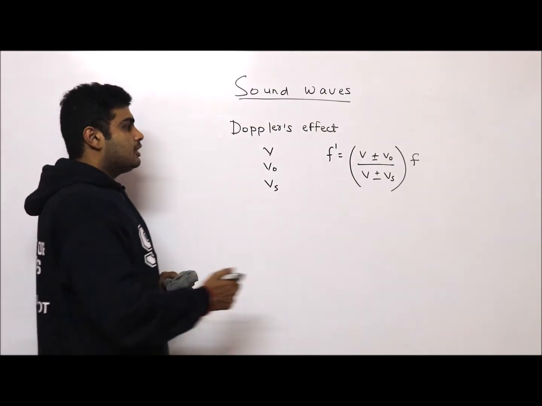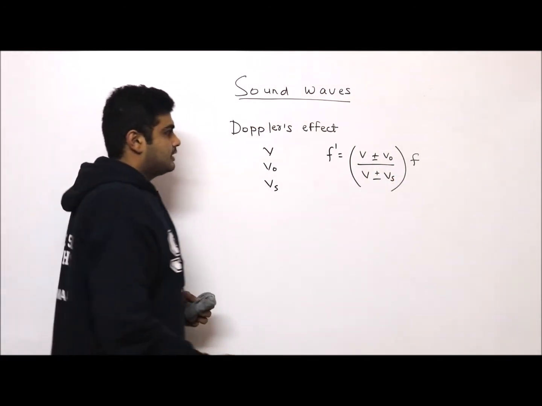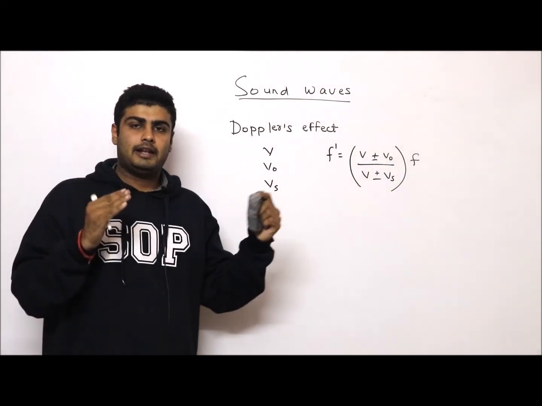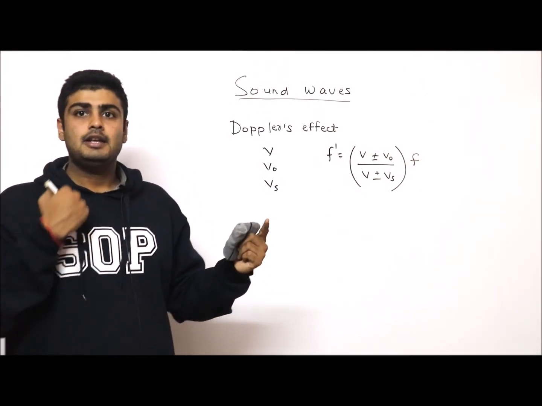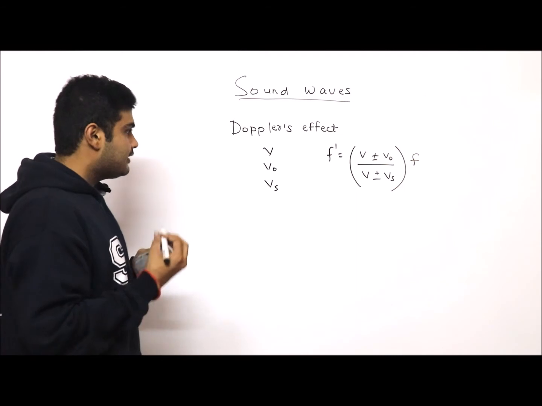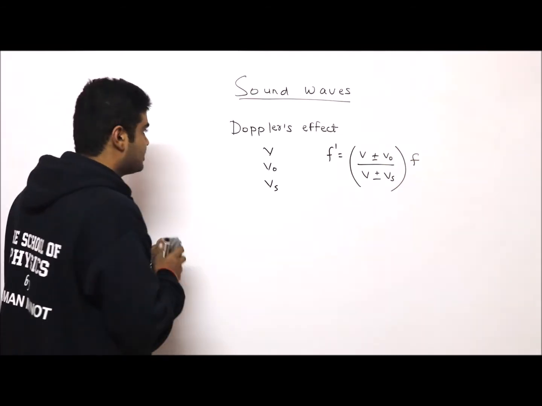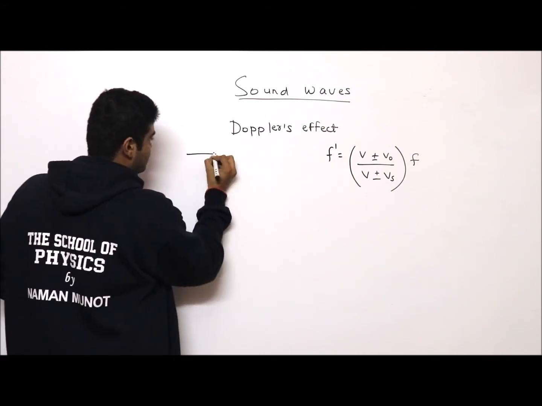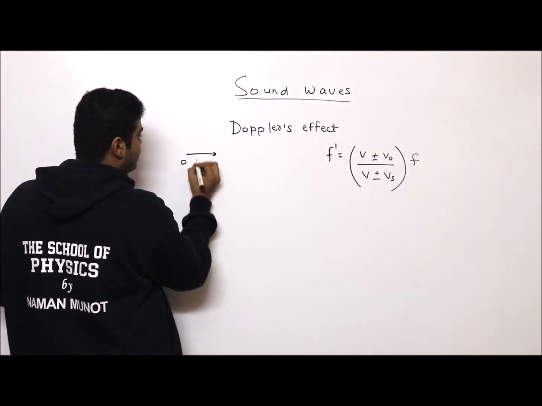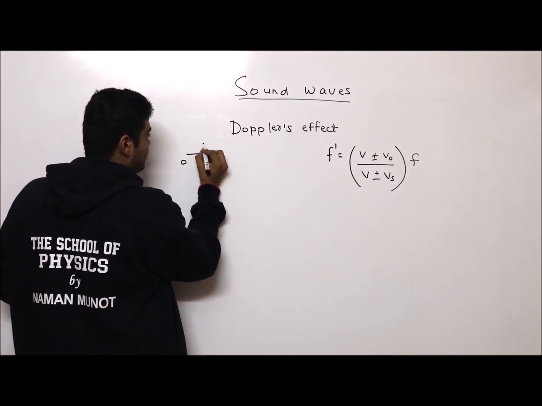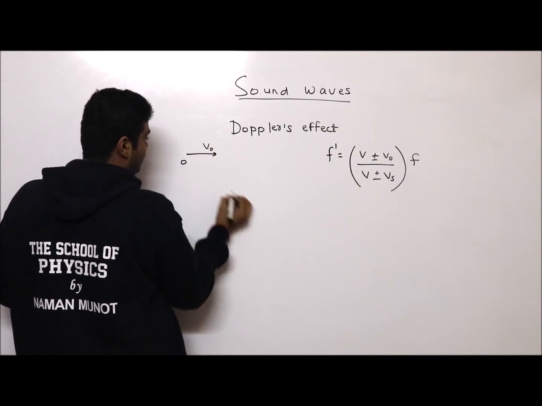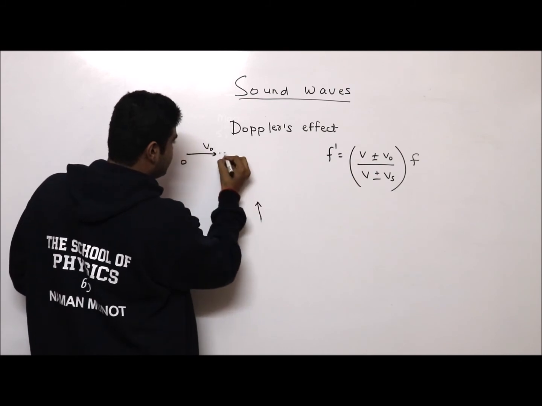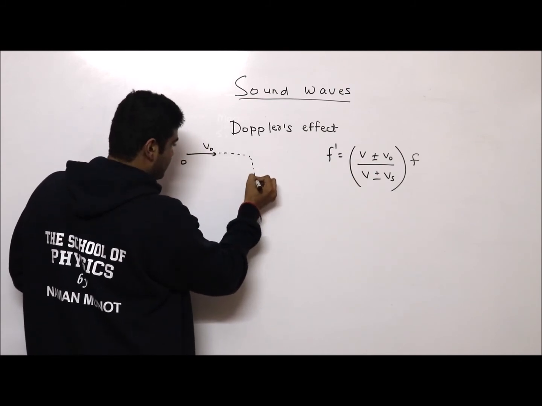Now this VO and VS should be along the line joining the source and the observer. I'll give you a very good example. Suppose this is the observer moving in this direction at a velocity VO, and this is at 90 degrees.